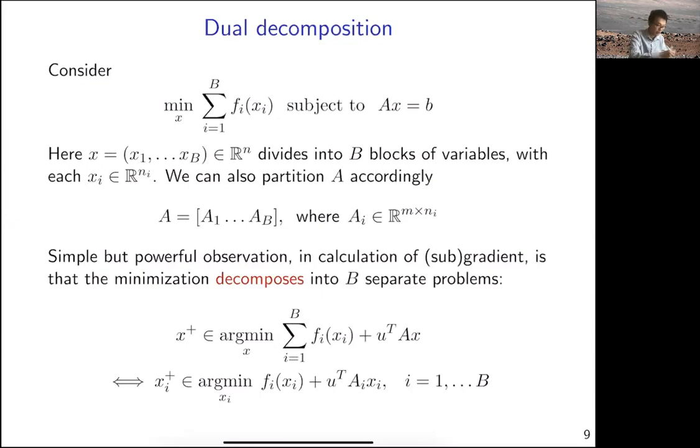So x separates coordinate-wise into b blocks, and then maybe you're working with a supply chain problem where each one of these fi depends only on the local parameters of your factory.